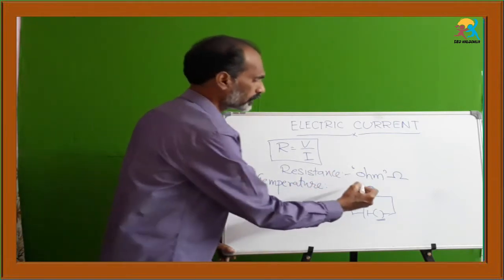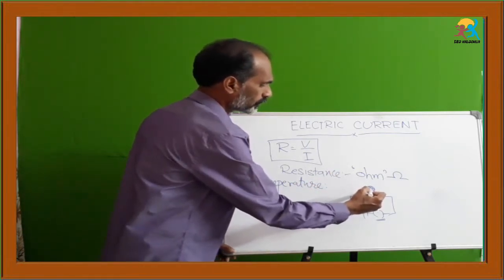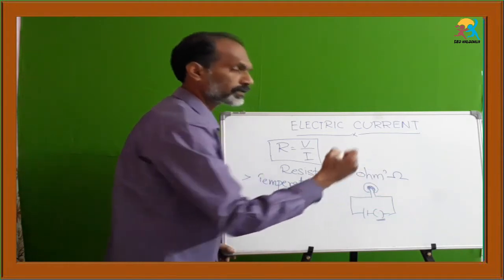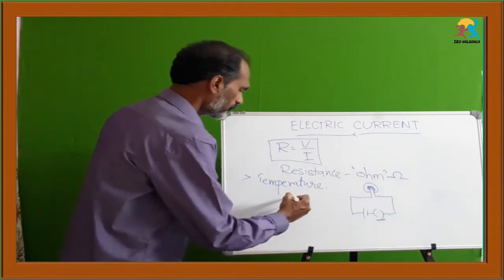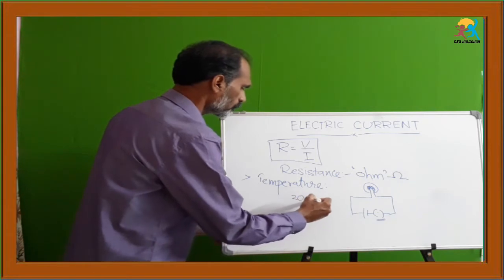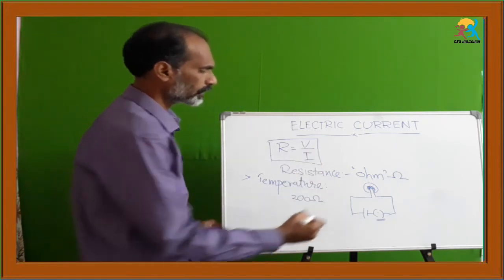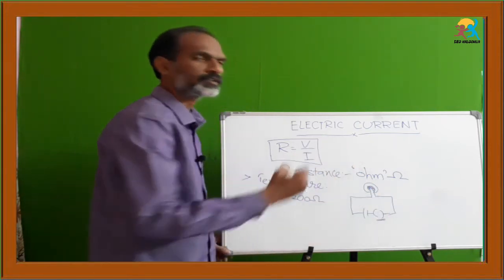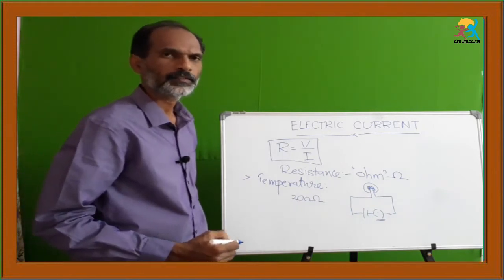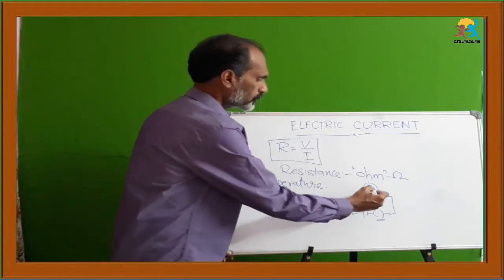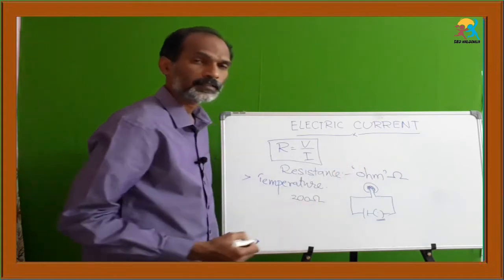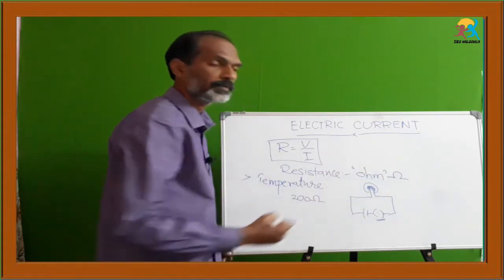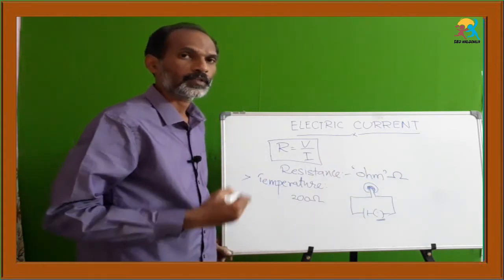If you calculate the resistance of the bulb using a multimeter, you will notice it is 200 ohms. When the switch is on, current travels through the bulb and the bulb starts glowing.